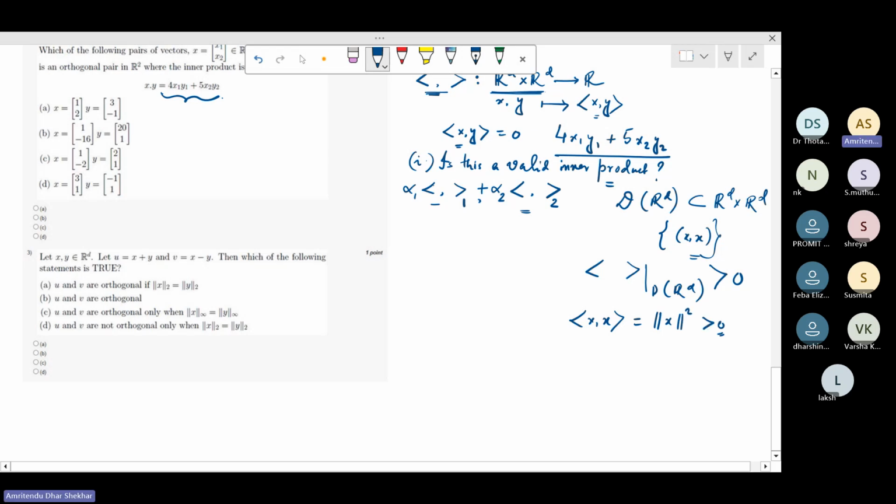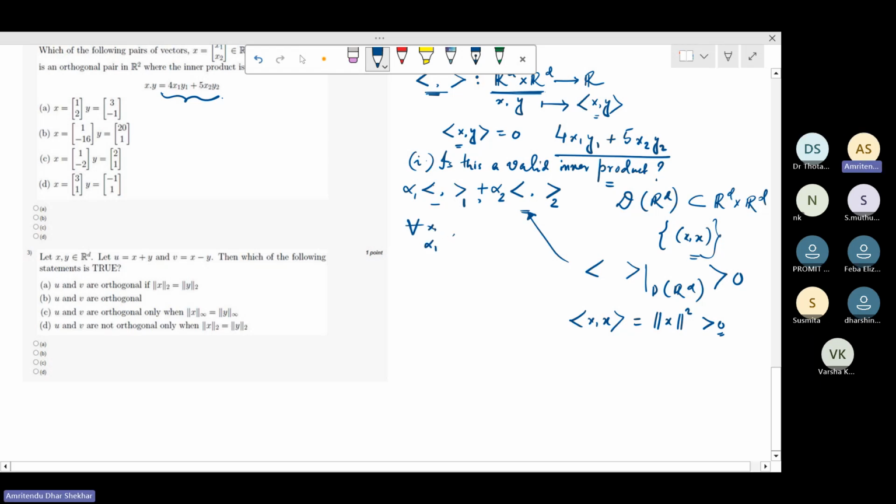Now, if you plug this requirement in, what we need is that for all x, alpha 1 times the inner product of x with x, plus alpha 2 times the inner product of x with x, should be greater than 0.